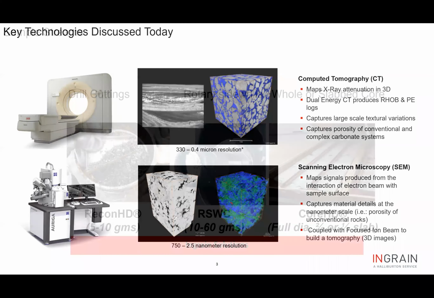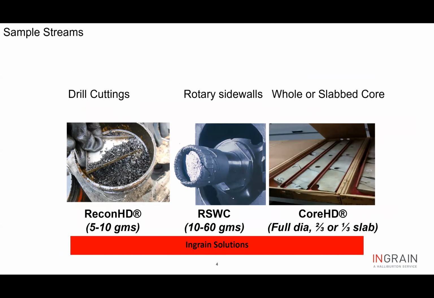So the source for the materials or the rocks could be all these different sources available for us, right? Whether it could be from the drilling cuttings, or rotary sidewall cores, or a whole core. The whole core could be directly coming from the rig site, not extruded from the core sleeve, and you can actually get that core with the sleeves into the CT machine, and we can still go ahead and do the CT scan of the whole core.